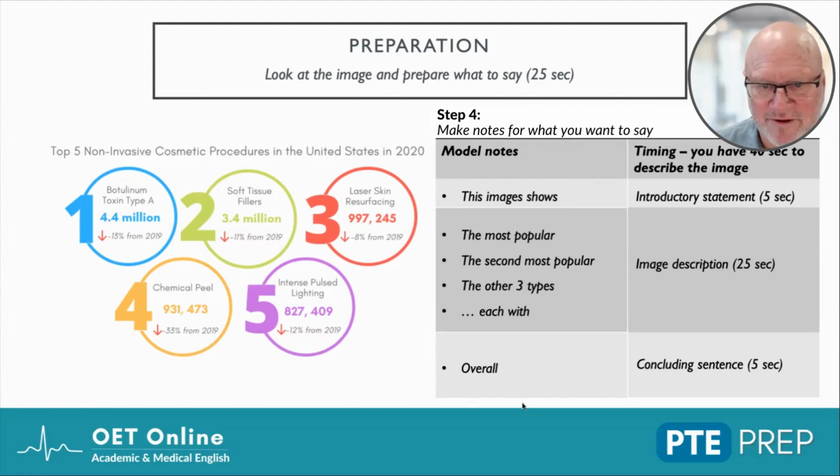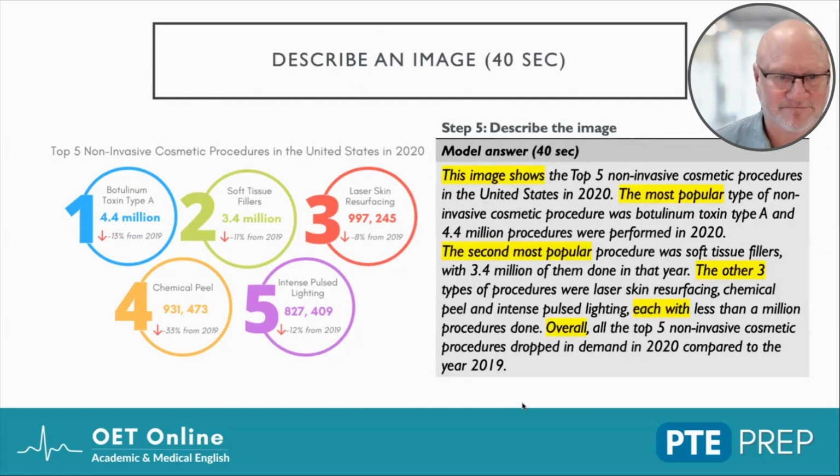Are you ready, everyone? I'll read it aloud. As I read it, what I want you to do is try to follow what's being said. This image shows the top 5 non-invasive cosmetic procedures in the United States in 2020.